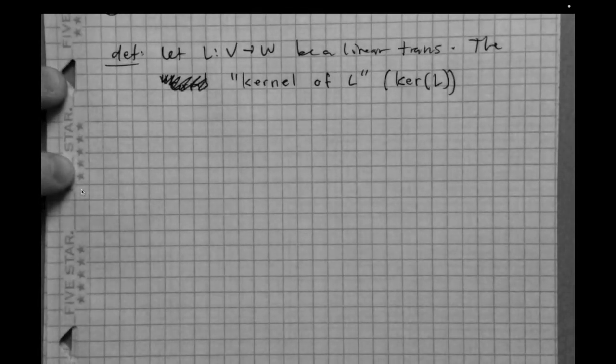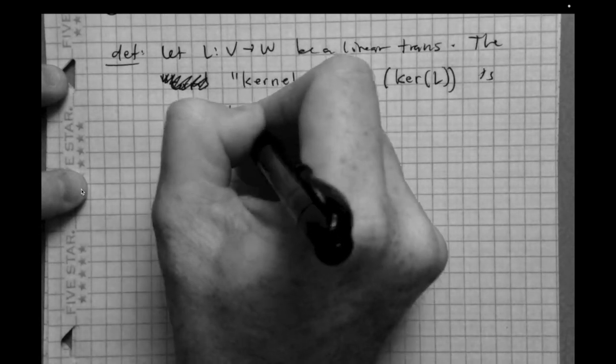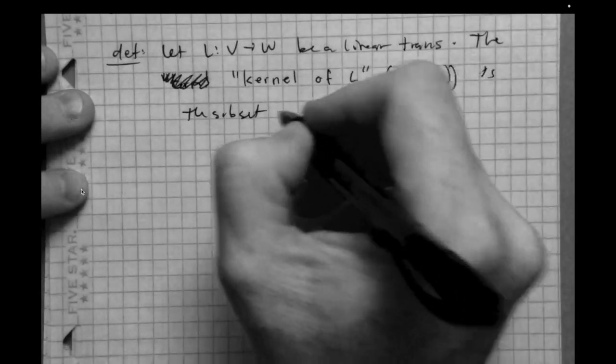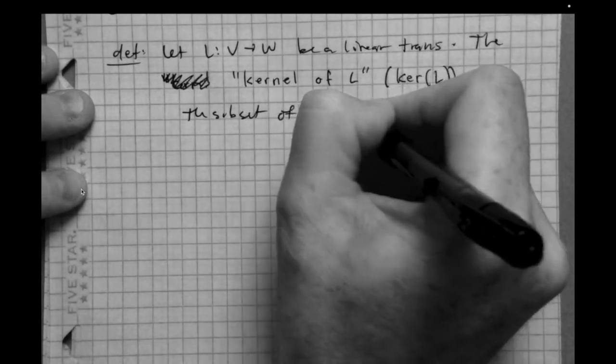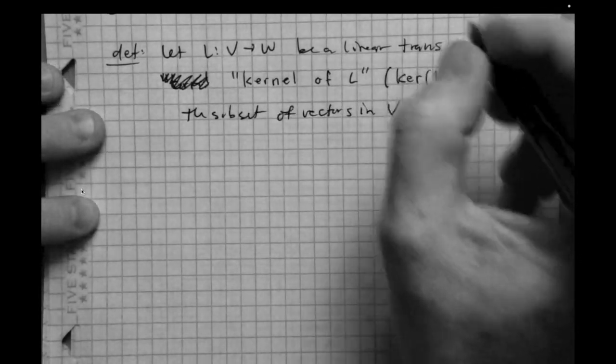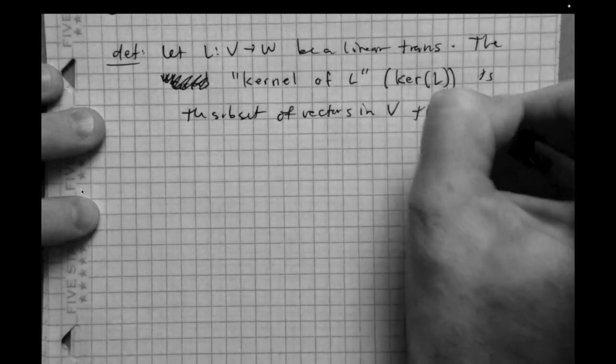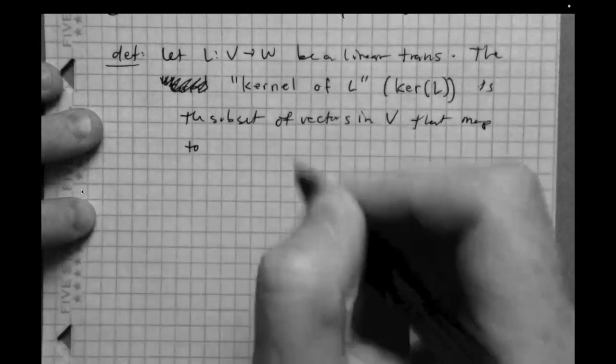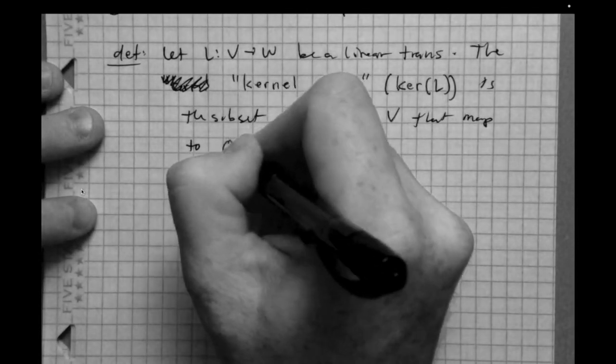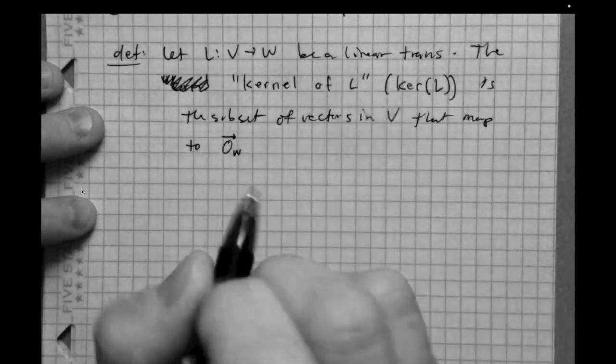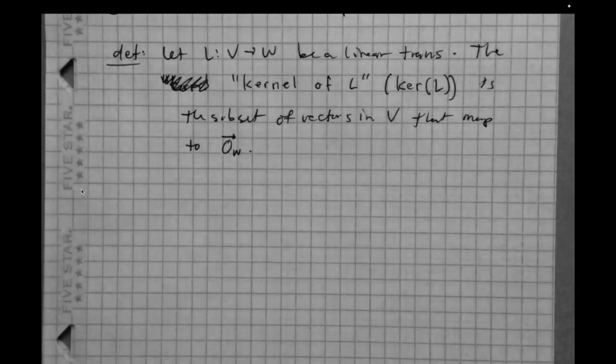So the kernel of L is the subset of vectors in V that map to the zero vector in W.